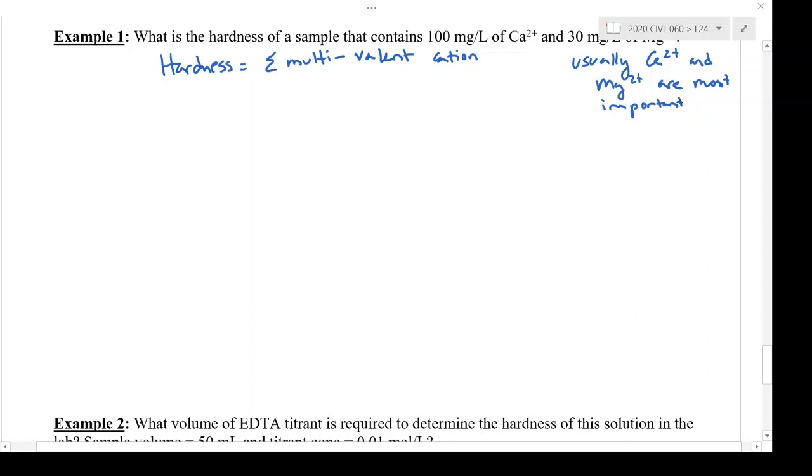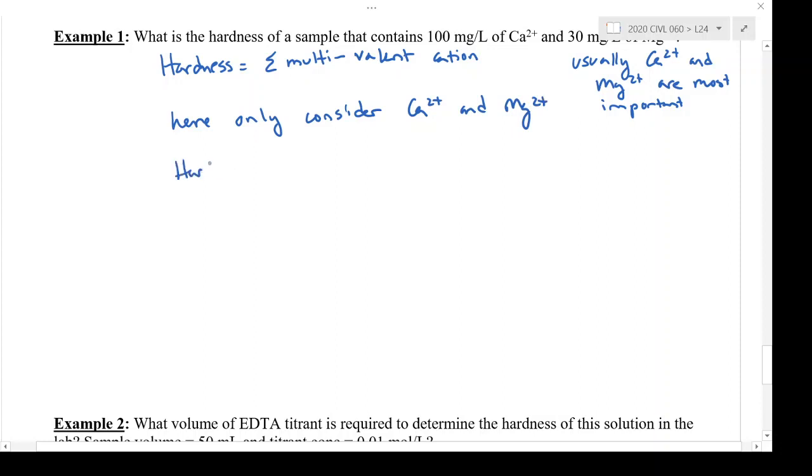Sometimes you may have something else that's important like barium or, God forbid, aluminum ion, but usually it's these two. Okay, so here we only consider calcium and magnesium.